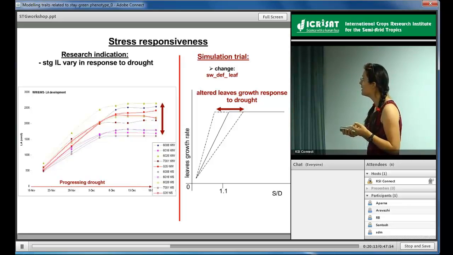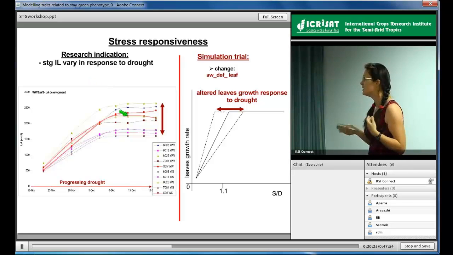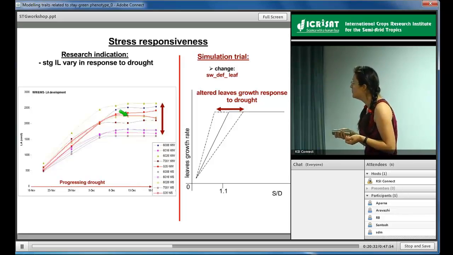And the same colors represent the same genotype, and full dots are the control conditions, and empty dots are the same genotype under water stress treatment. And in this case, it's the early water stress which was imposed long before flowering. So we have here two strategies.